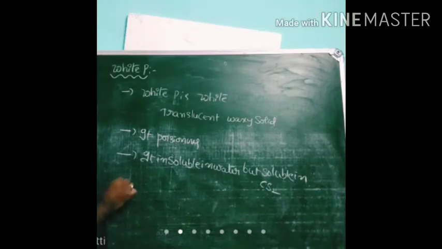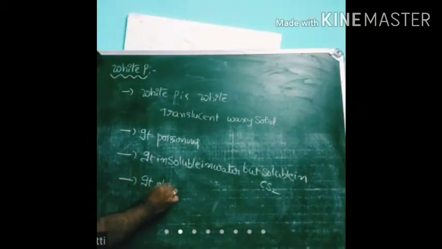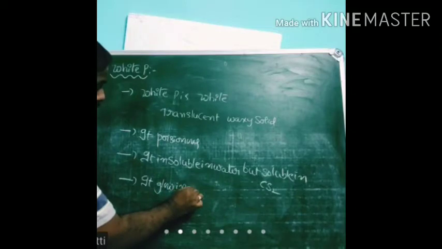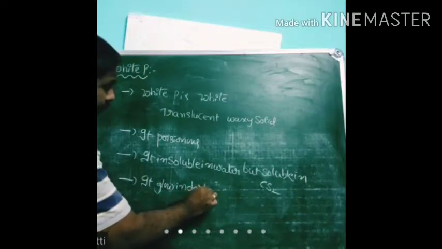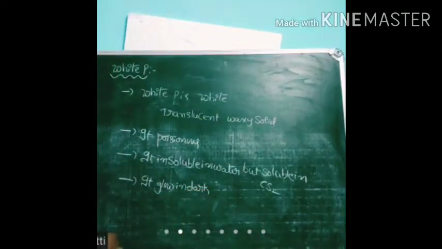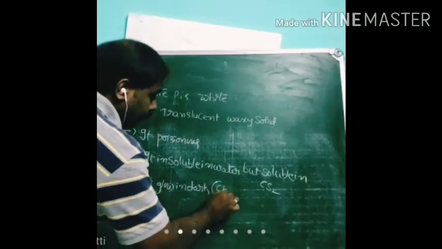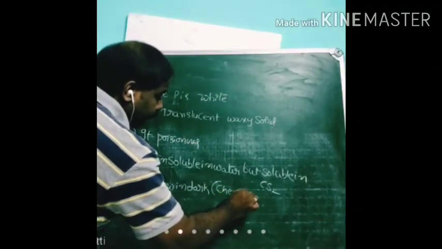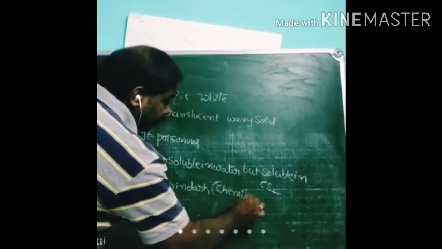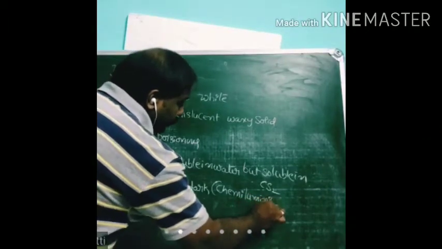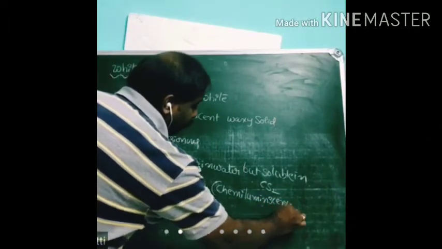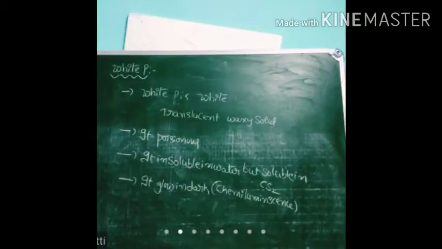And the next point, it glows in the dark. That property is called chemiluminescence.